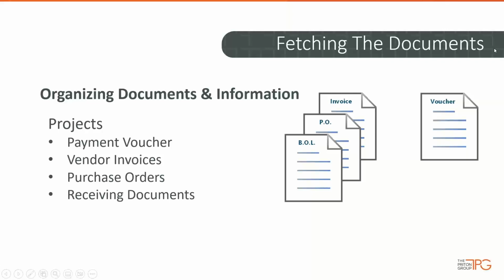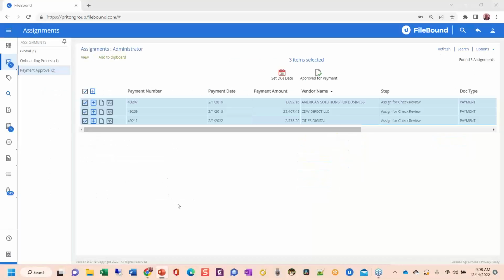With that explanation, let me show you that in action within FileBound. Once you log into FileBound as a user doing this review process, you can go directly to your assignments and you'll see your payment approval workflow steps waiting for you right here.